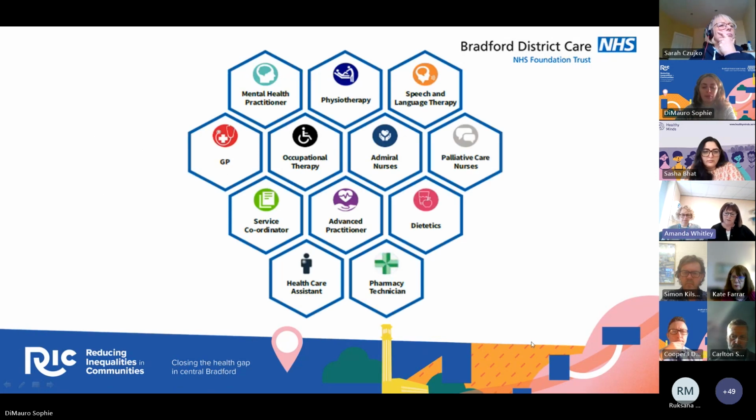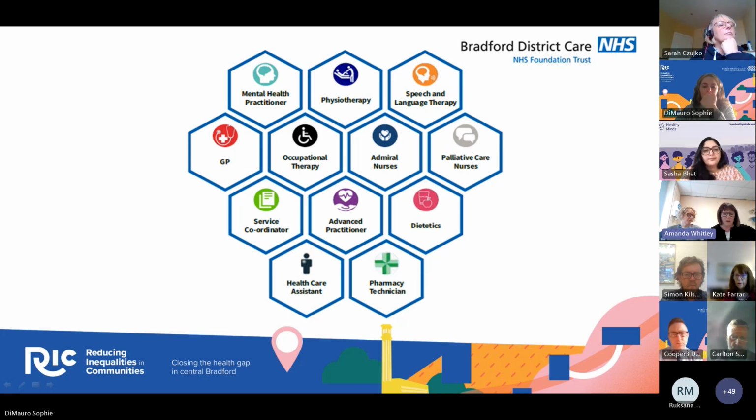So within proactive care, we've got 11 disciplines, and we work in a unique way. It's a coordinated way, in a holistic way, and we prioritise highest needs as a collective of professionals.